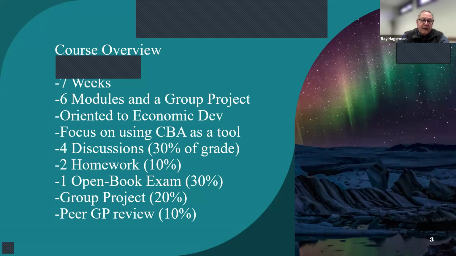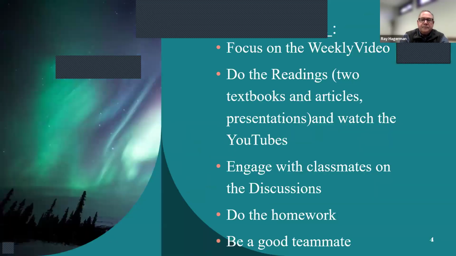To keep you from free riding, your peers are going to evaluate the quality of your contribution. So everybody has to contribute something, and your peers are going to help determine that last 10%. So I belabored that a little bit, but I want you to understand exactly what's being asked of you and how you're going to be graded.